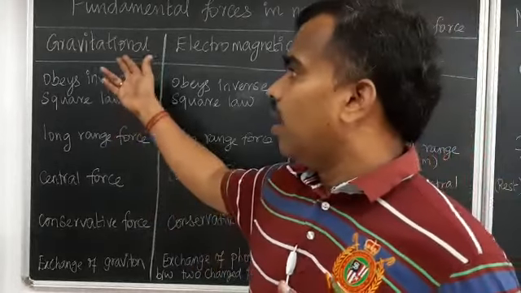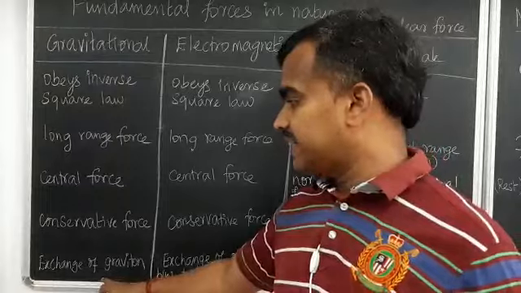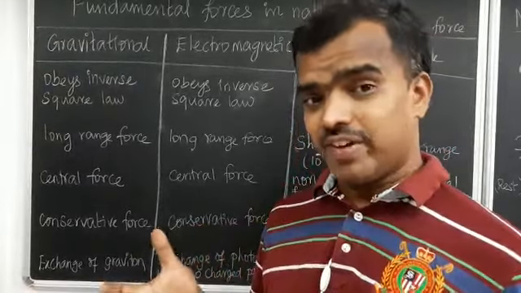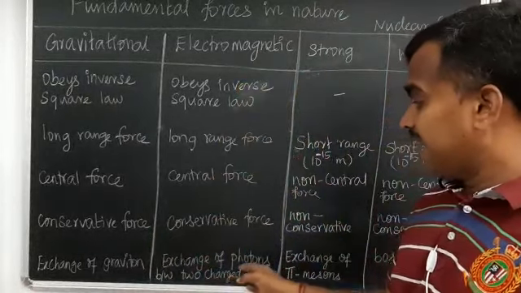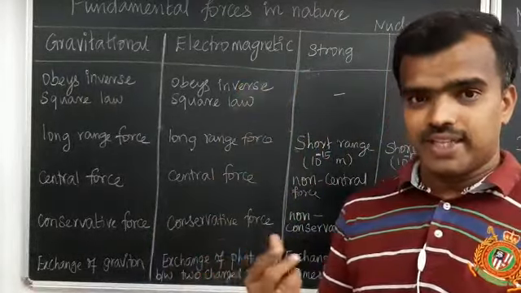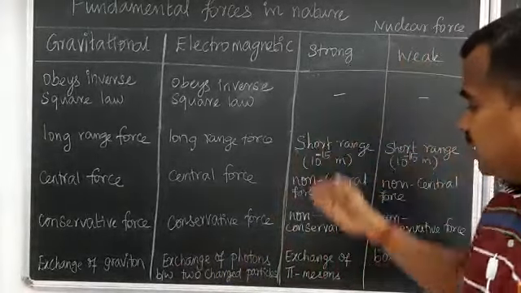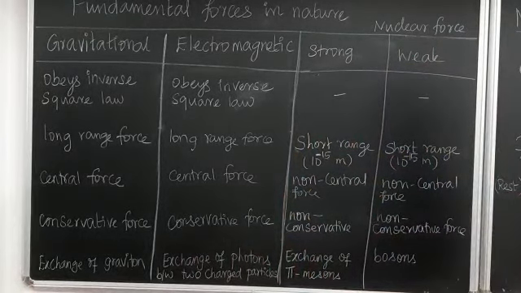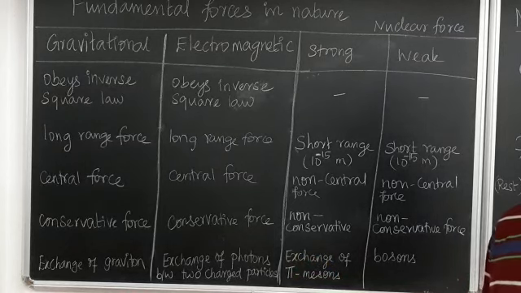And this gravitational force, how is it caused? It is the exchange of gravitons. Graviton means heavier object, mass object. And electromagnetic force is the exchange of photons, light, between two charged particles. And the strong force is the exchange of pi mesons, right? And these mesons are also elementary particles.